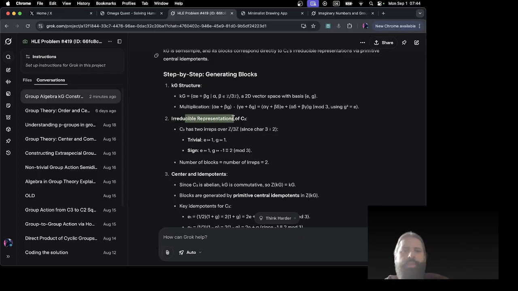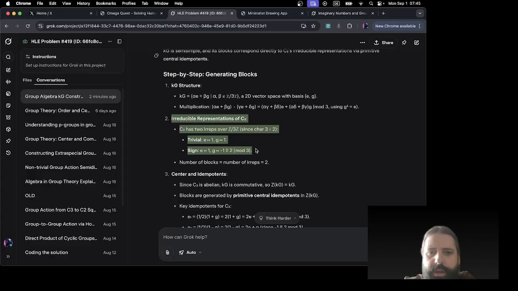Irreducible representations of C2. C2 has two irreps. Whatever that is. E maps to 1, G maps to 1. Irreducible representations of C2, I don't understand that part.